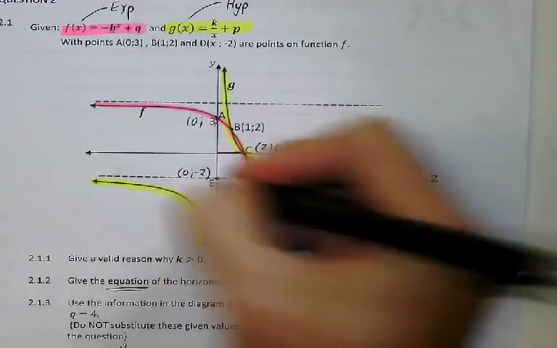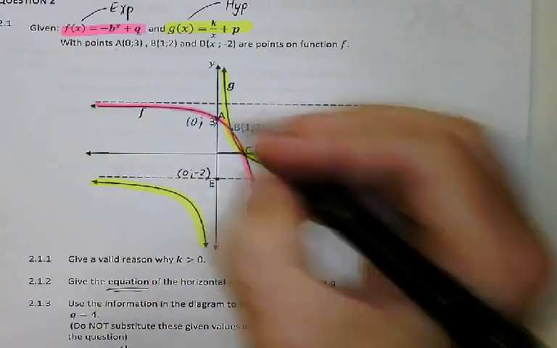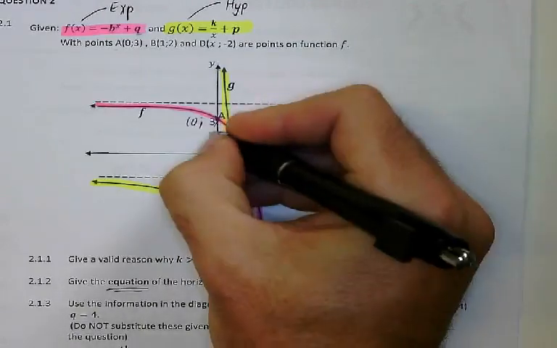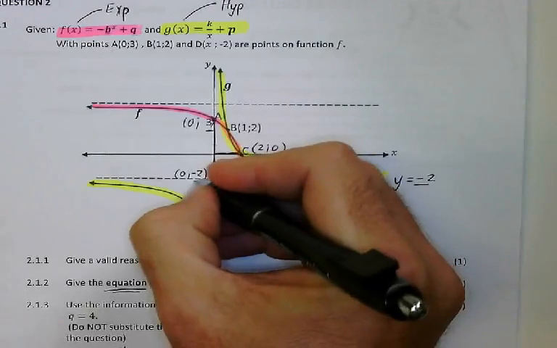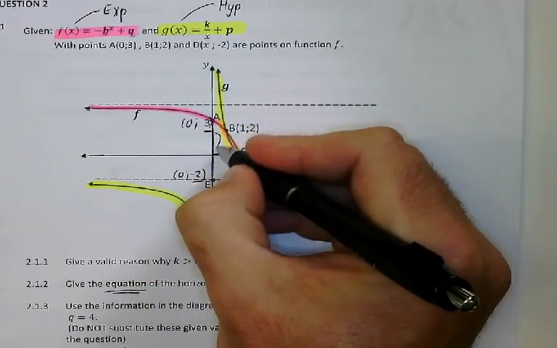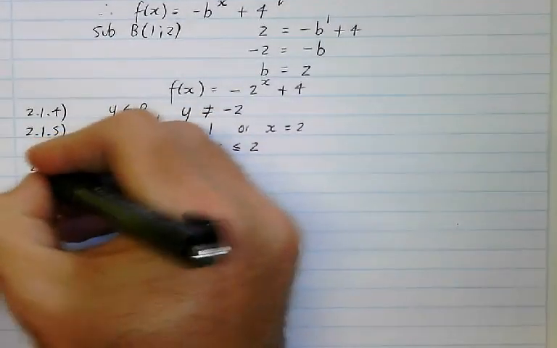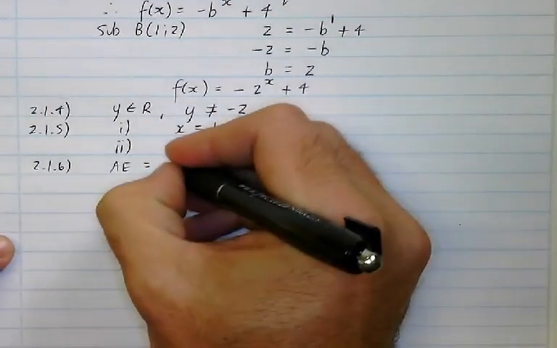So the distance A down to E would be an examination of their y values. From 3 down to -2 would be a change of how many units? It would be a change of 5 units. Therefore, 2.1.6, AE by observation would be equal to 5. You could write 5 units if you'd like, and there we have the value of AE.